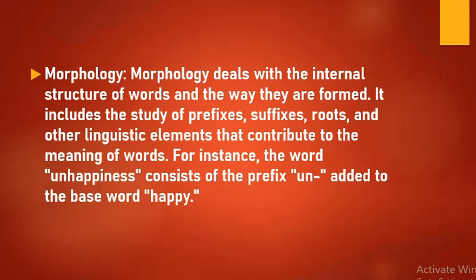The root word is happy. This is the internal structure of the word, which comes under morphology. It includes the study of prefixes, suffixes, roots, and other linguistic elements that contribute to the meaning of words.